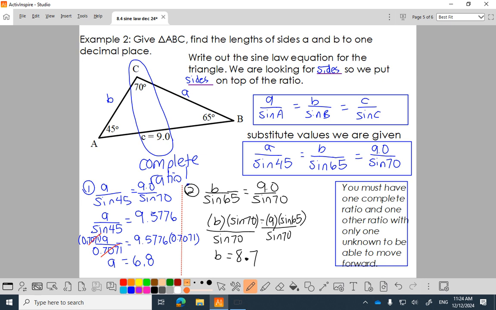The next question you should be able to do too. So label the triangle. Don't wait for me. Label the triangle. Figure out what you're trying to do.